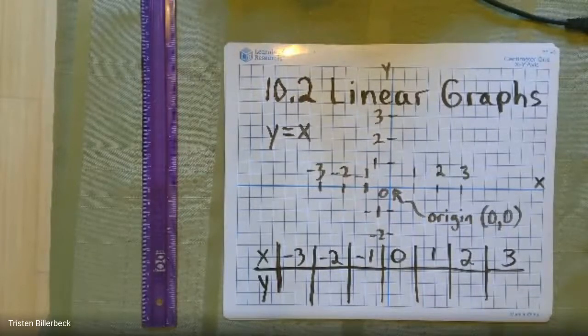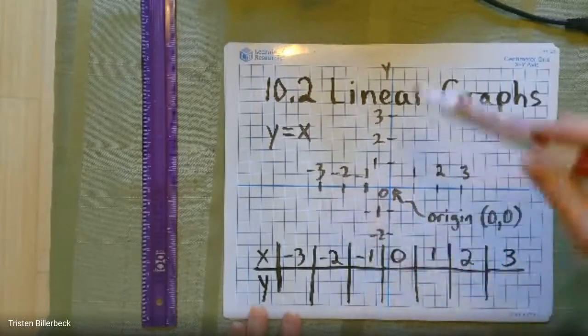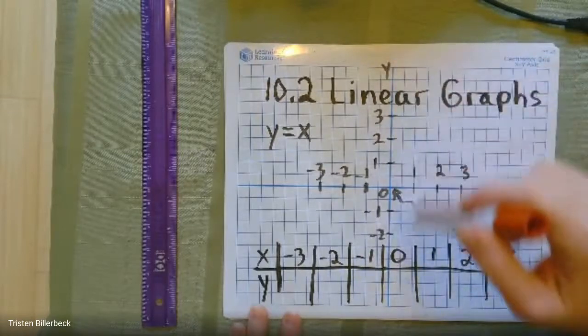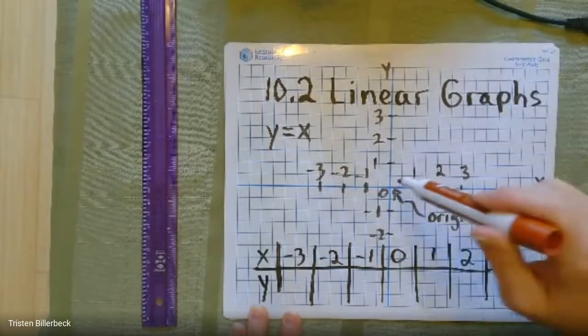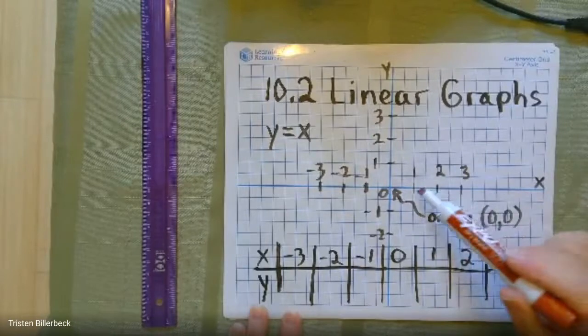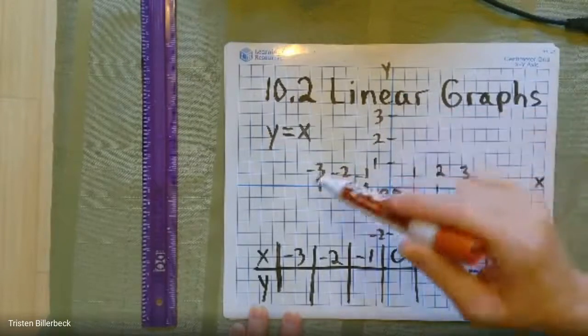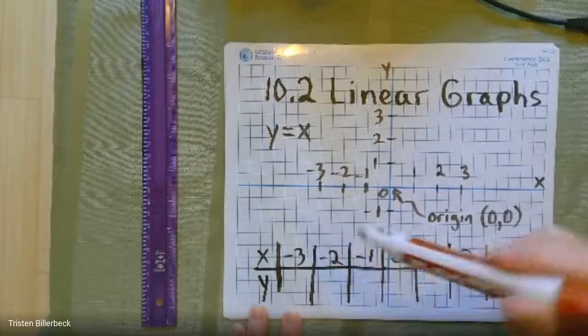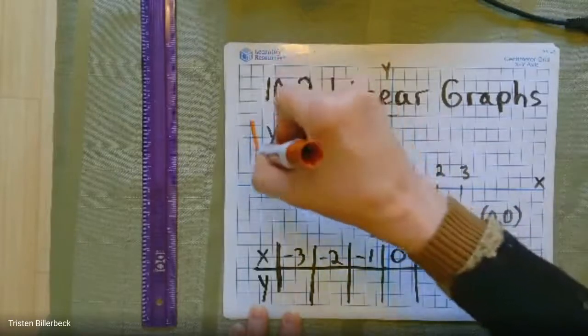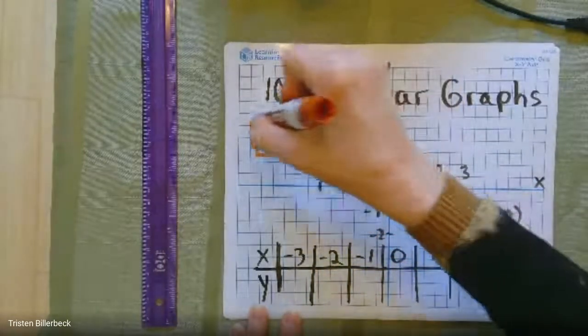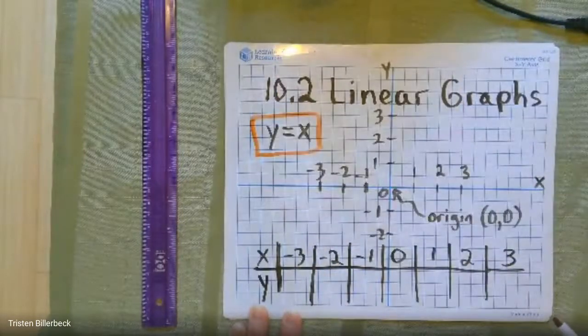So we previously discussed the Cartesian coordinate system, and now we're going to start applying it. I've already labeled our x and y axes, our origin is right here. I've set up a number system, and I want to plot this equation, y equals x.